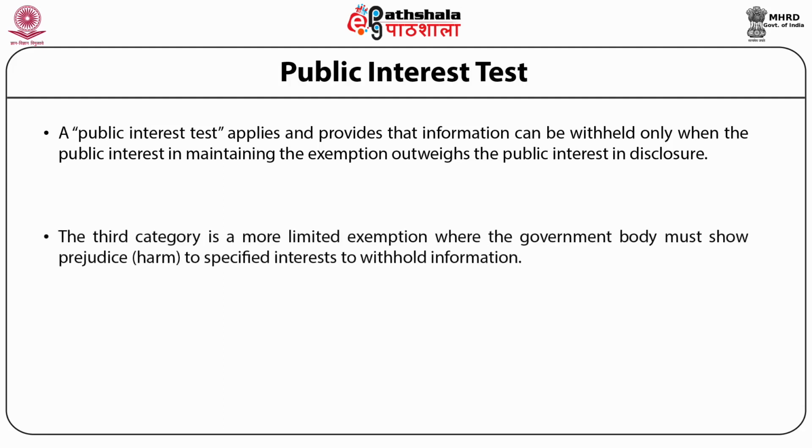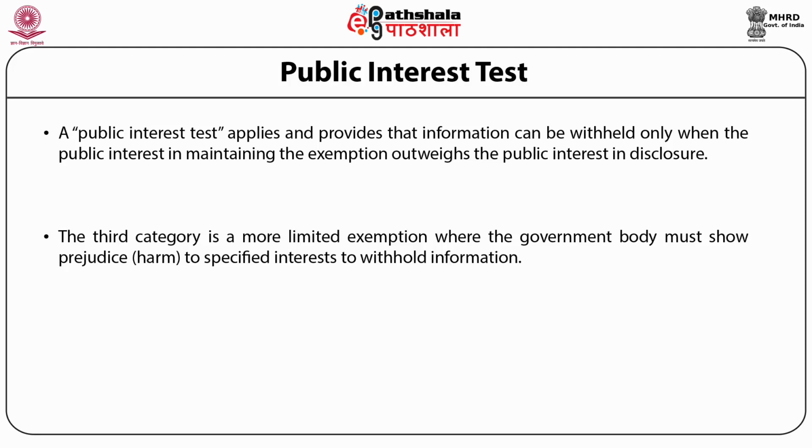The third category is a more limited exemption, where the government body must show actual harm, actual prejudice to specified interests to withhold information, right? They have to say, okay, we have to be specific. It's not enough to say, this is sensitive information. No, there's a public interest balancing act that has a balancing test that needs to be carried out, right?